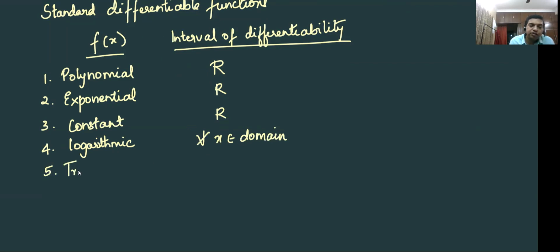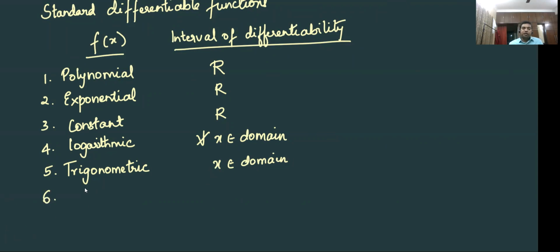Then trigonometric functions. It is all x belonging to the domain. All trigonometric functions are smooth. Like tan x is not defined at pi by 2, so you cannot call differentiability at that point. But other than that, wherever it is defined, it is differentiable.